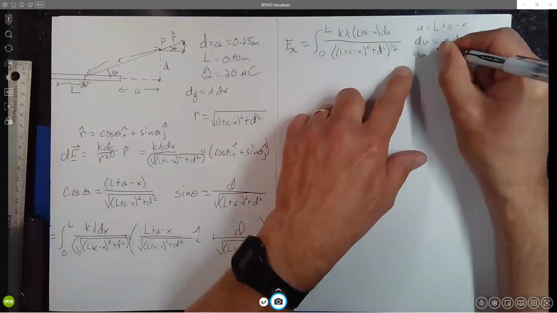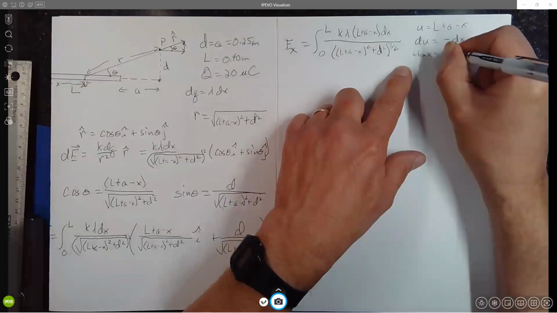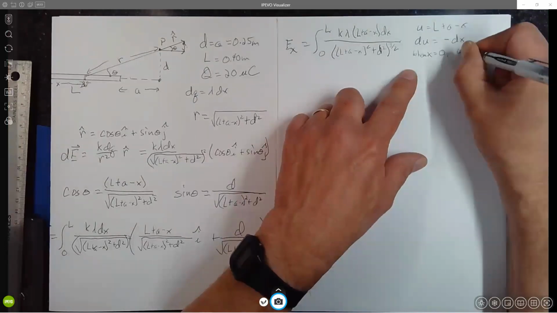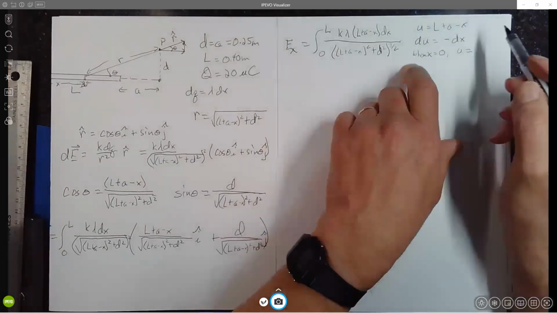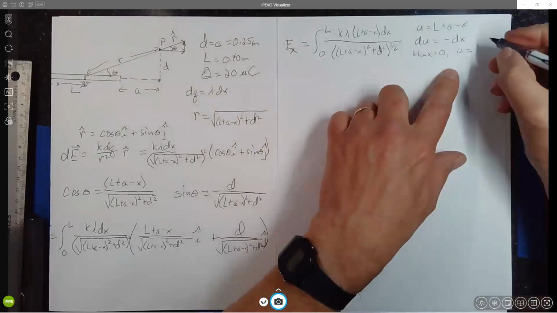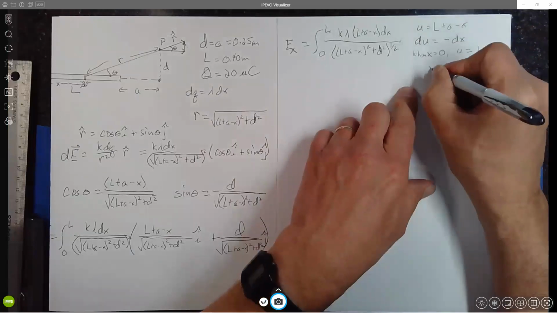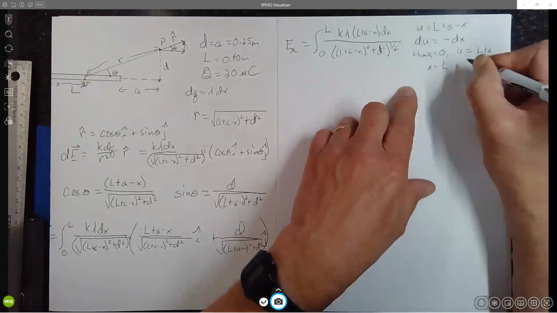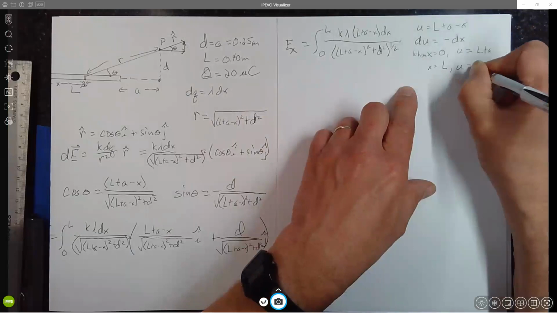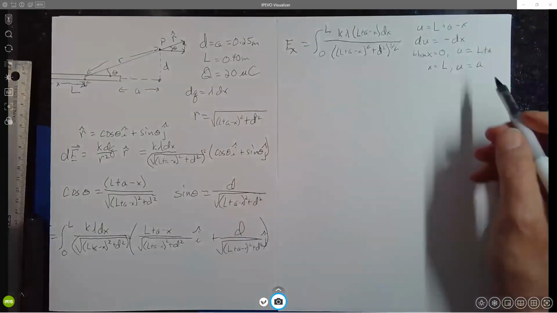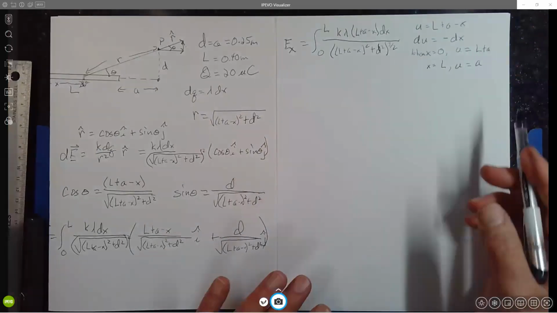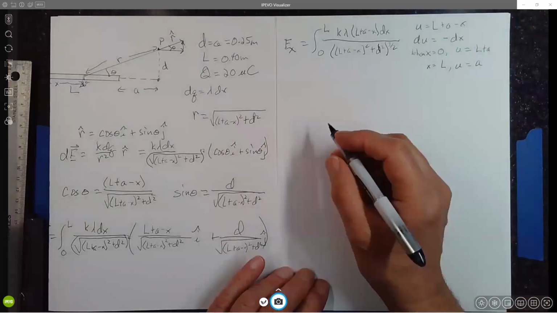When x is equal to 0, u is going to equal just L plus a. And when x is equal to L, u will equal a. And so that should be enough to actually change the appearance of this thing.